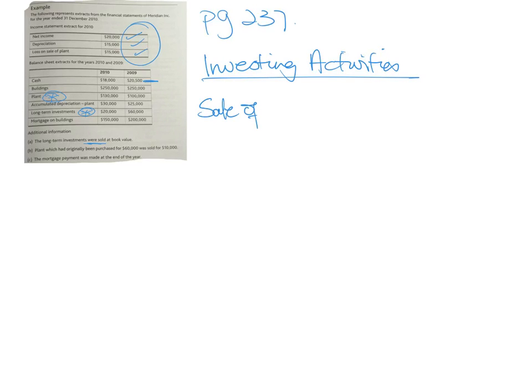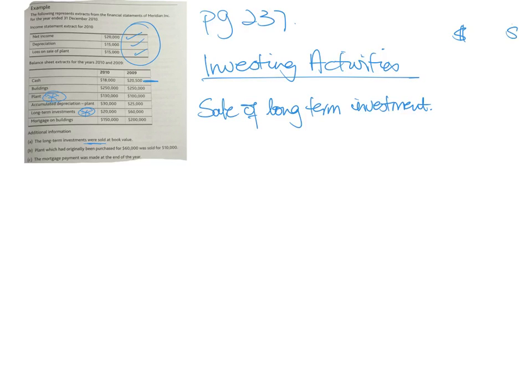So we read the additional notes and we see that long-term investments were sold at book value. So we know in this section, under the investing activities in this cash flow, that we're going to have sale of long-term investment, and the actual amount that we sold it for is the amount of cash that we sold it for.